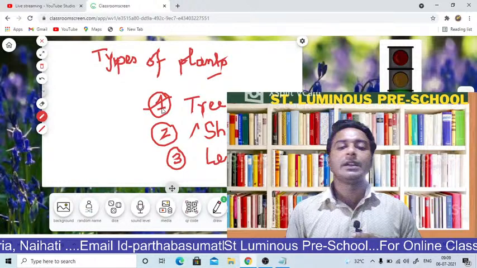Suppose it is a flower of the plant. Look here, the flower portion of the plant.